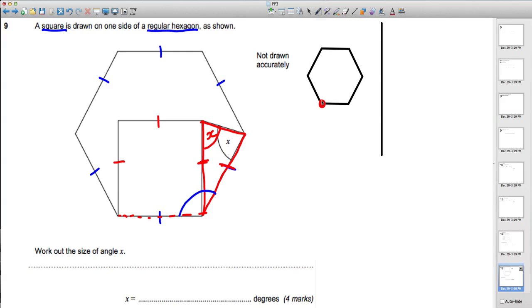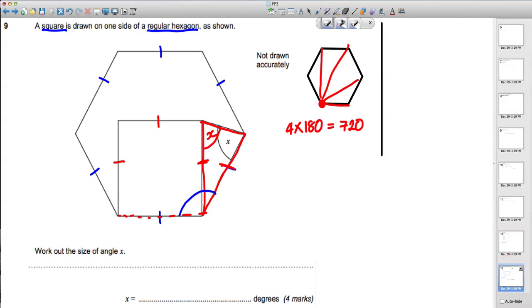Firstly, what you could do is pick one corner, draw lines to each of the other corners. Realise you have 1, 2, 3, 4 triangles, so the interior angles of each of these must add up to 180, so 4 lots of 180 are actually 720.